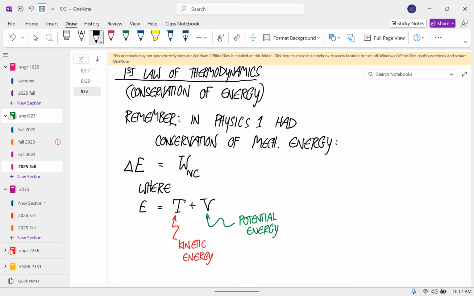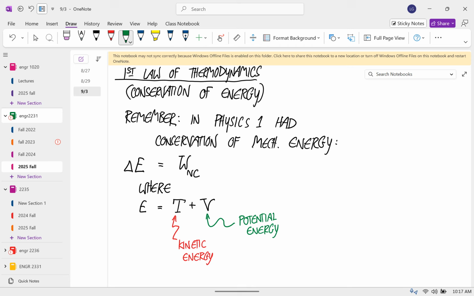Anybody remember what is required of a force to be able to represent it as potential energy? This kind of stuff gets glossed over as you go through all the problems, but potential energy only exists for conservative forces.